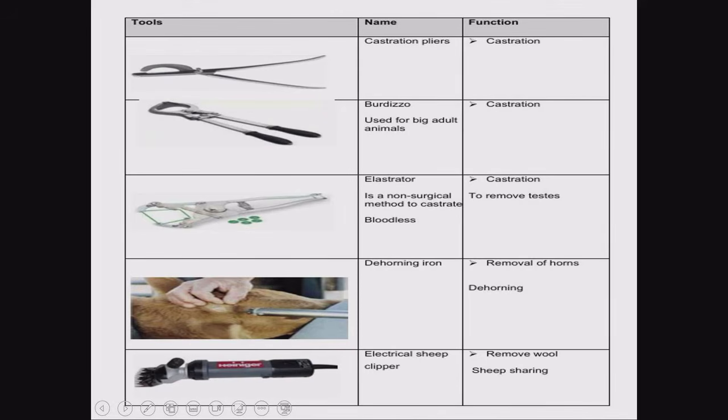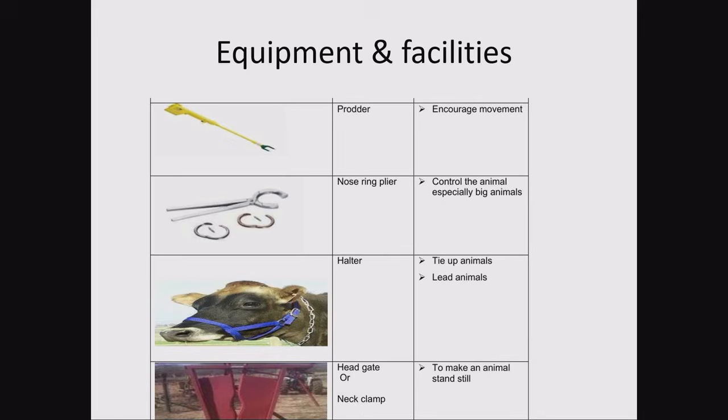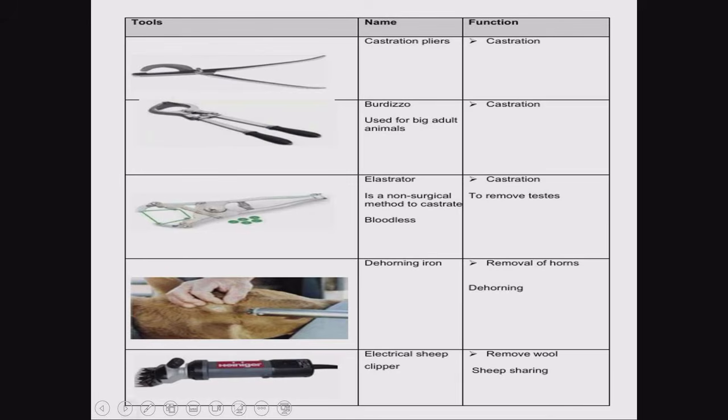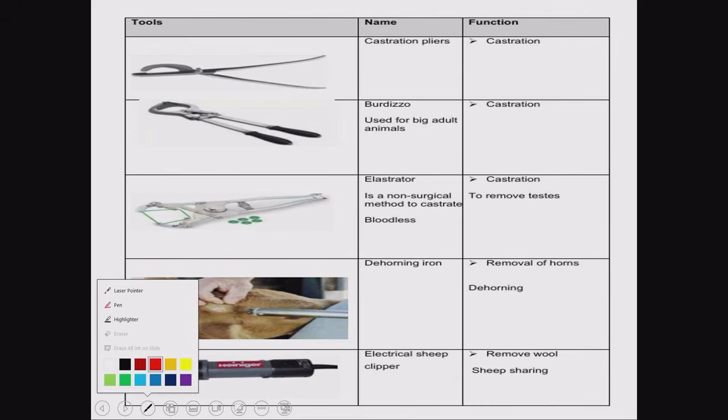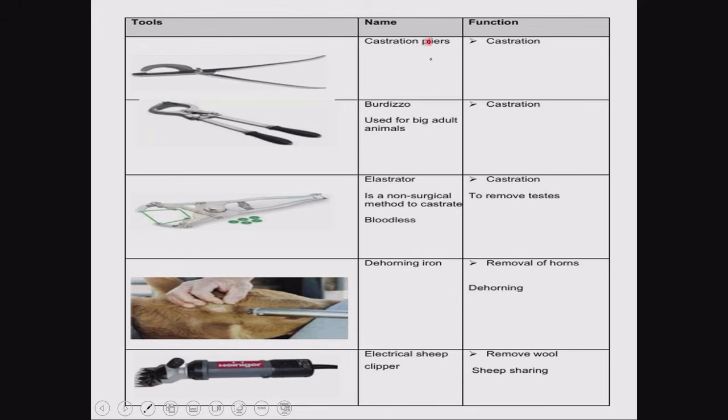On my next slide, I have 3 castrating tools. One will be the castrating pliers. We have this castrating pliers, and we also have this castrating pliers here. There's the picture of the castrating pliers.